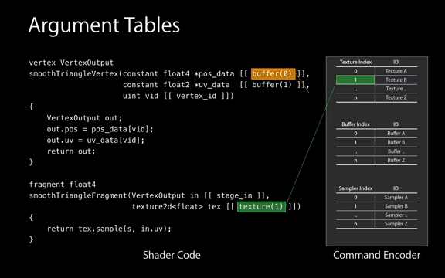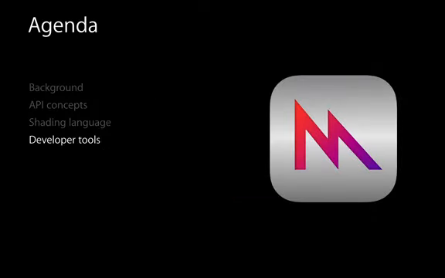And similarly, in the vertex shader, we can do the same thing with the buffers and use those as inputs to the vertex shader and refer back to the argument index table in the command encoder. So you set up the command encoder's argument tables with the API and simply refer to those resources in your shaders using the attribute syntax in the function arguments themselves. And that's it. The shading language is actually pretty simple, and we think you're going to really like it.